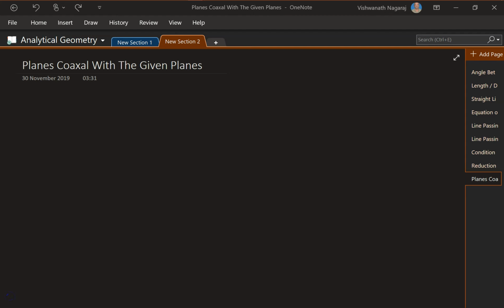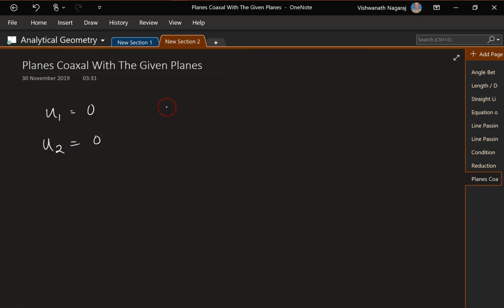Planes coaxal with the given planes. Let's say we have two planes, u1 equal to 0 and u2 equal to 0.